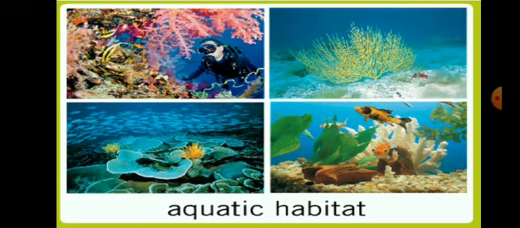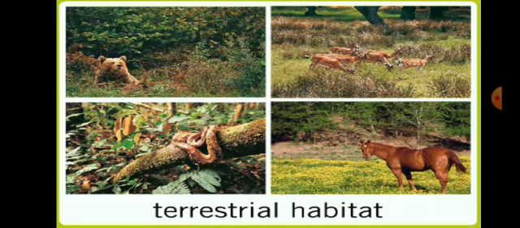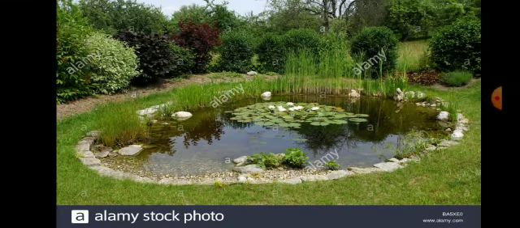Now we also see that habitats can be broadly classified into two categories like aquatic habitat and also terrestrial habitat. Now let us see pond as a habitat. There are several organisms in a pond.